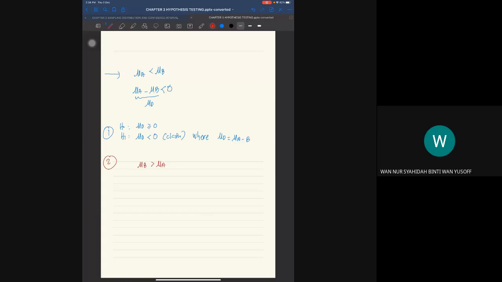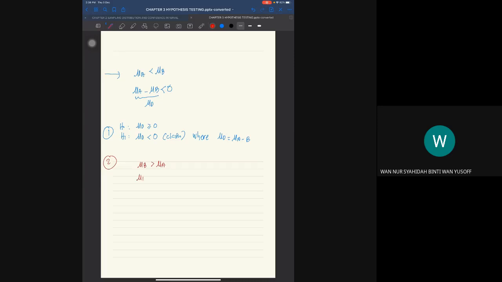Neoli, do you want to ask me any question because you raised your hand? No, okay. So if we write mu B greater than mu A, it is also correct. The safety program is still effective if the data before is greater than the data after.